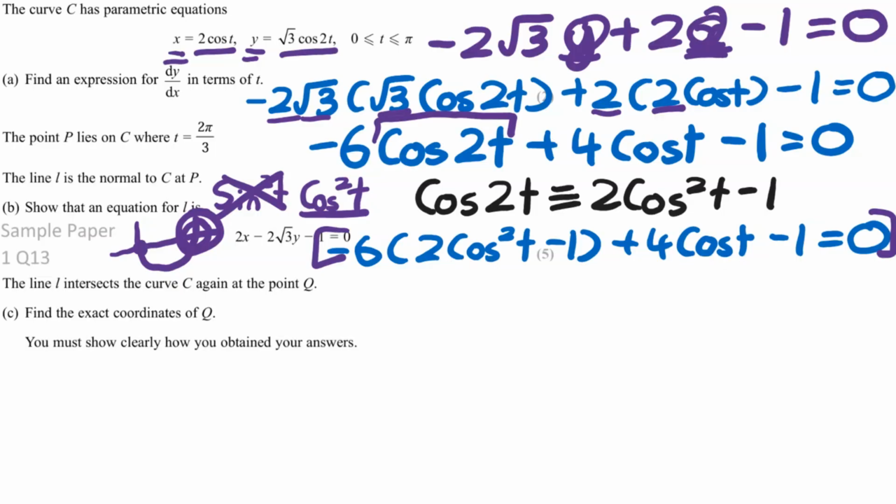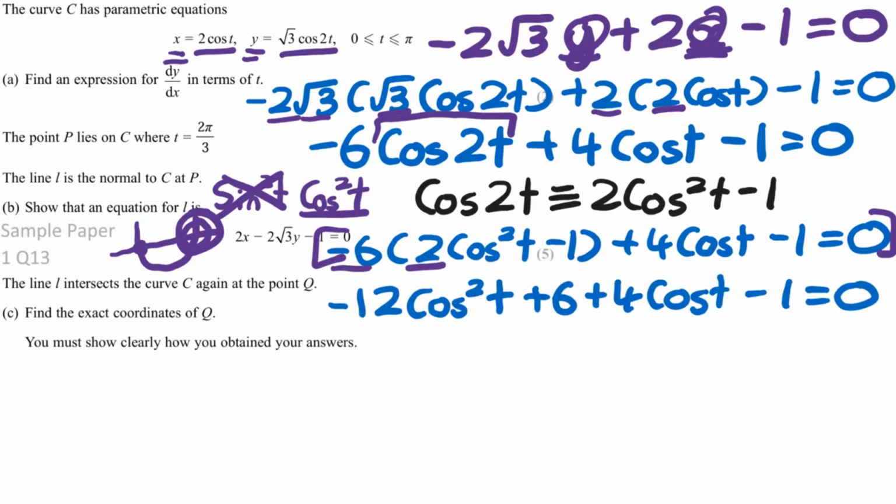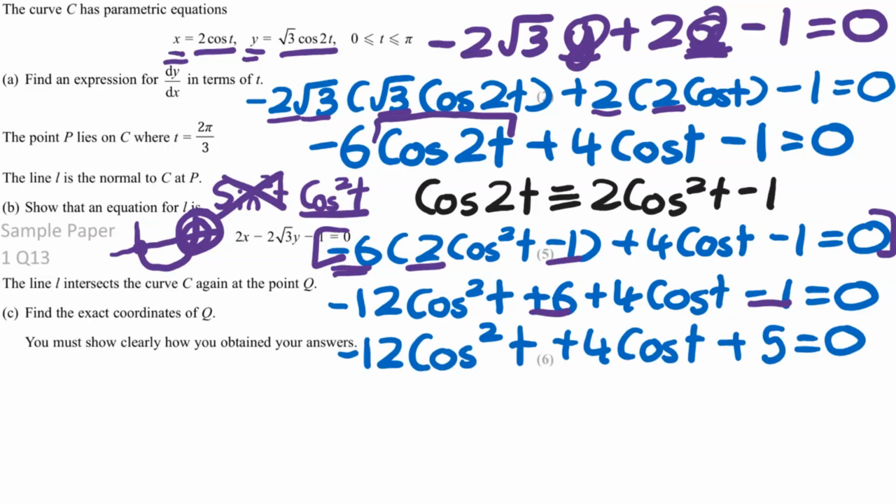Firstly, let's expand this bracket. Minus 6 times 2 is minus 12, so it's going to be minus 12 cos squared t, and then minus 6 times minus 1 is plus 6, plus 4 cos t minus 1 is equal to 0. Plus 6 minus 1 is plus 5. So we've got this equation here: minus 12 cos squared t plus 4 cos t plus 5 is equal to 0.